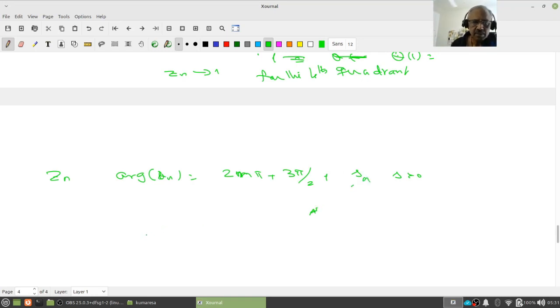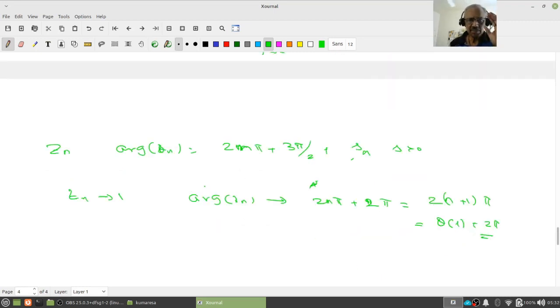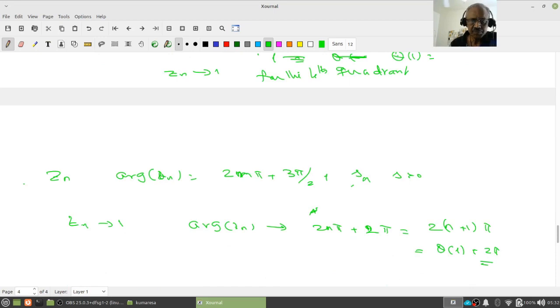Therefore, as Zn goes to 1, it seems the argument of Zn goes to 2n pi plus 2 pi, that is the original theta of 1 plus 2 pi. I seem to have got an extra. Just go through it, try to understand what I am trying to say. That's good enough. This is the usual hand waving proof in the standard classes.